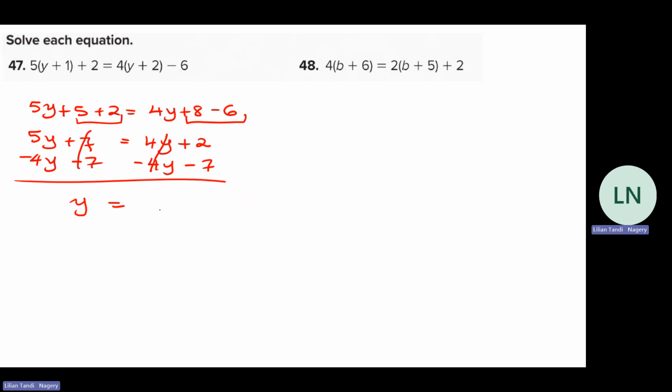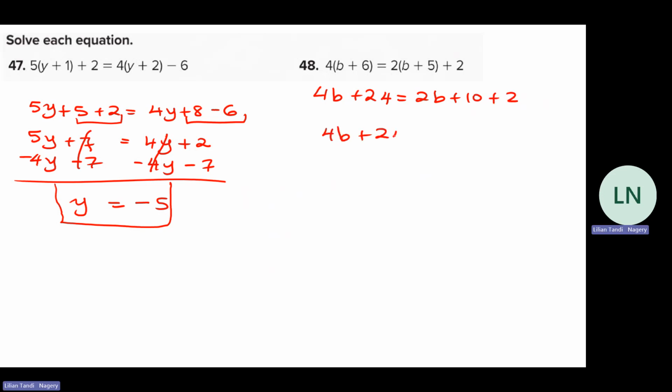So 1y. And this, 2 minus 7 is negative 5. So that's your answer.